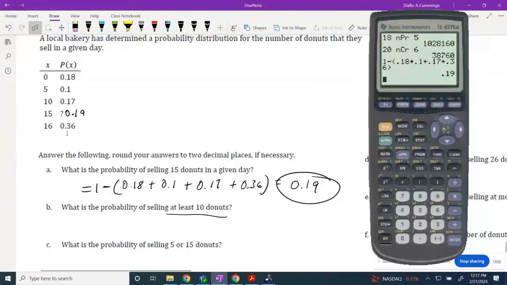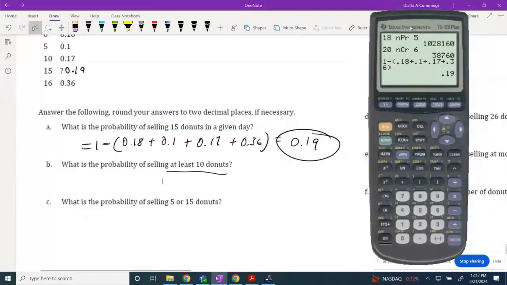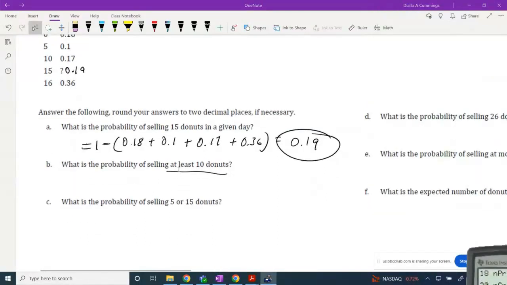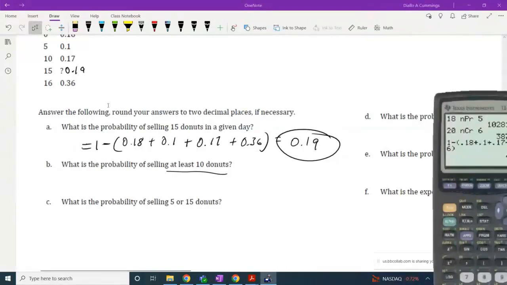Now you're going to see words like at least and at most as we go through this. At least 10 donuts means you can sell at least 10, you can sell 15 or 16. So I'm going to add up all those probabilities.